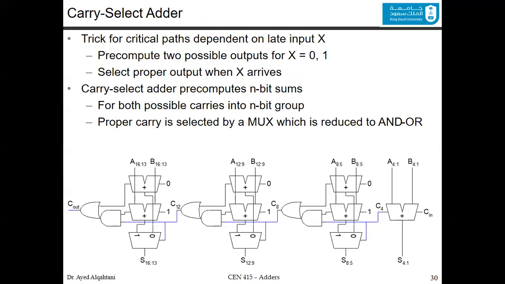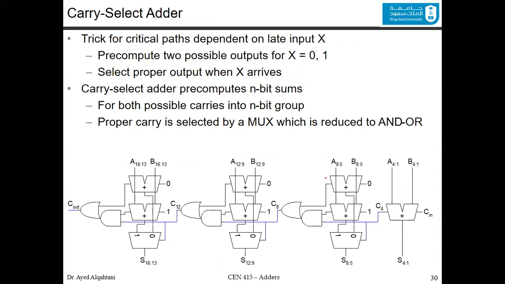Now we will go to the other type, which is the carry select adder. The carry select adder is basically a trick for the critical path dependent on the late inputs, which is the carry actually. So in the first group, we just do the ripple.